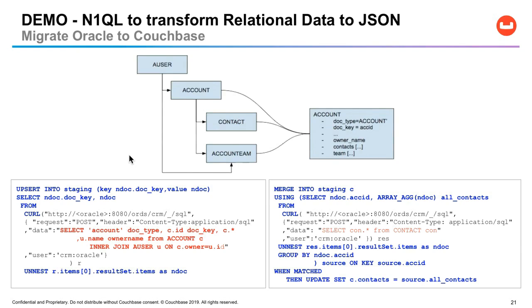Is there a data dictionary in Couchbase that can show any and all objects on demand? That's something we're working toward. Today, as we showed earlier, on the right-hand side of Couchbase, in the query workbench, we have a way for you to browse the schema.